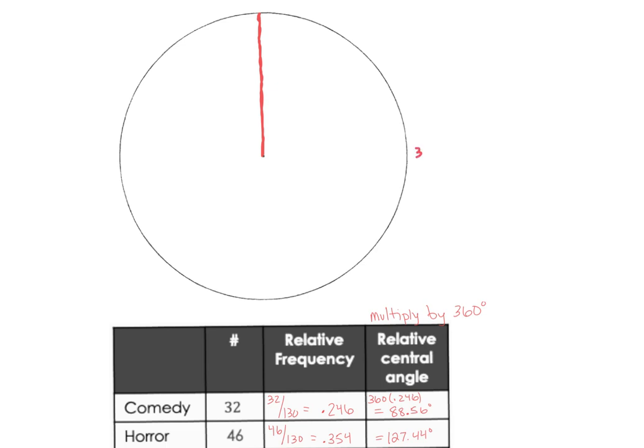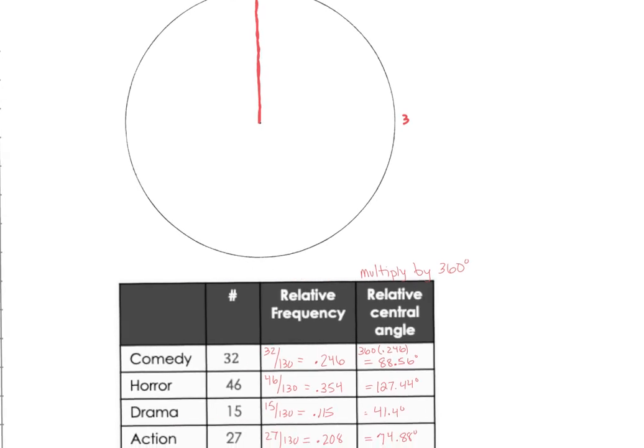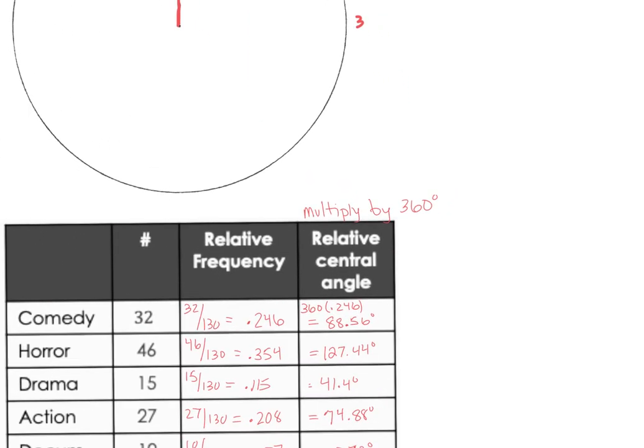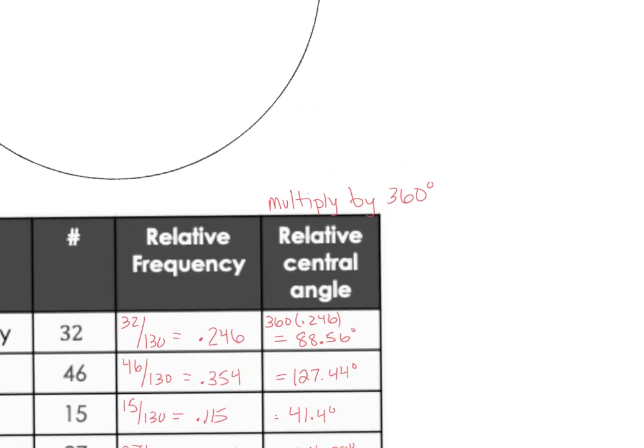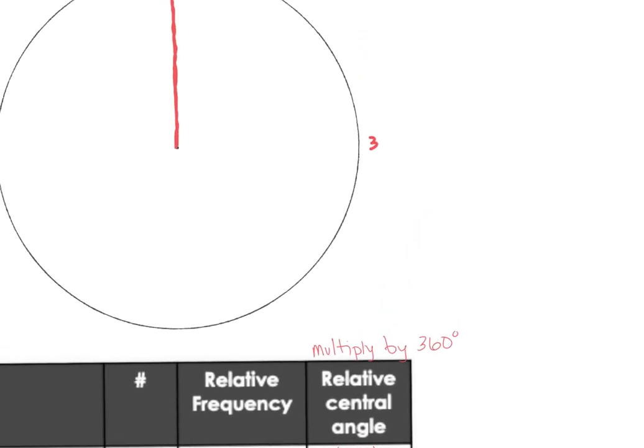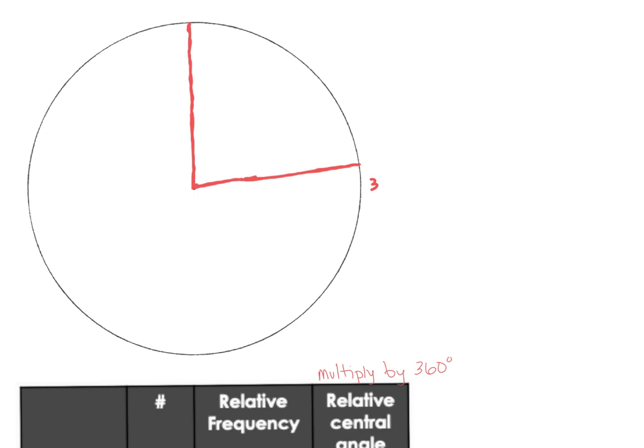The first category, comedy, takes up 88.56 degrees, so it's going to take up almost that full 90 degrees. Really, it's going to be about right here. That comedy section is going to take up almost all of that.